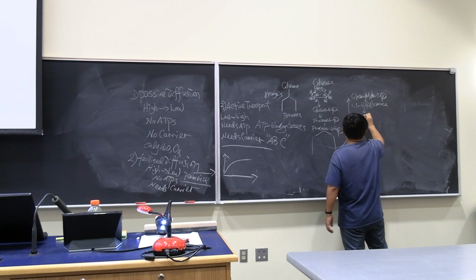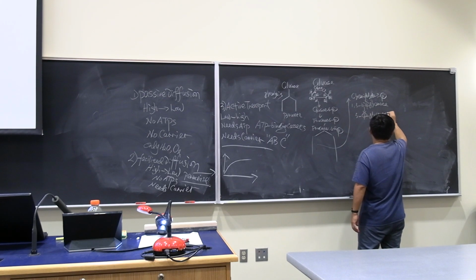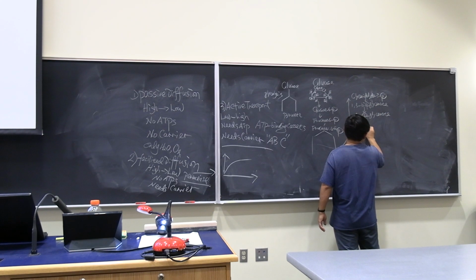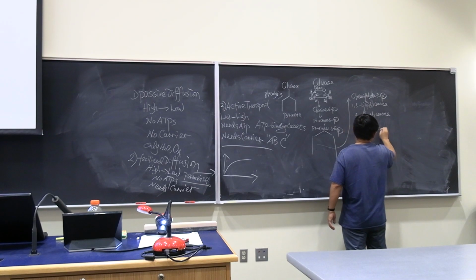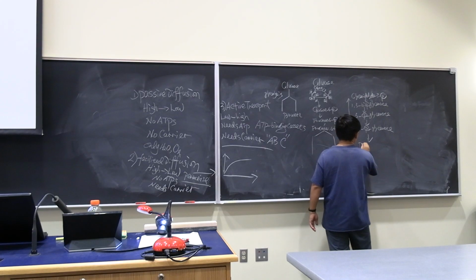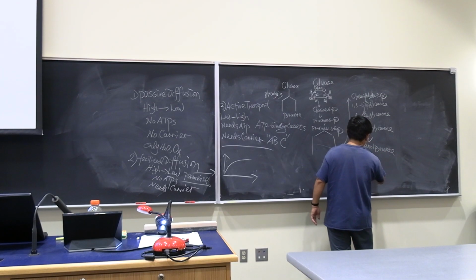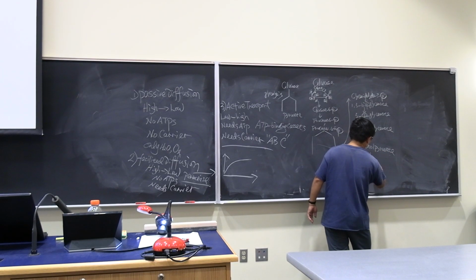Then we go to 3-phosphoglycerate. Then we go to 2-phosphoglycerate. Then we go to the key point here: phosphoenolpyruvate. The last one, pyruvate.